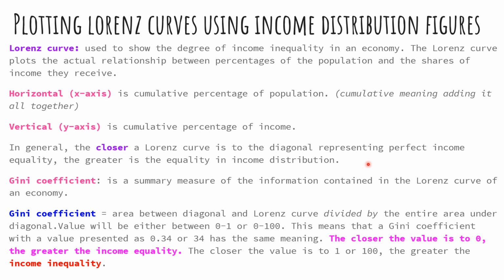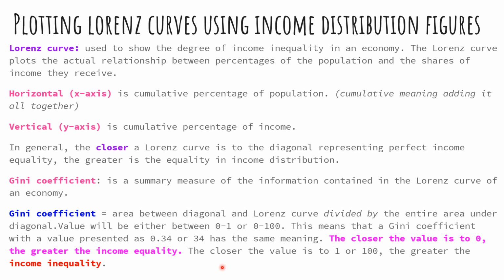The Gini coefficient is another key definition you need to know. It's a summary measure of the information contained in the Lorenz curve of an economy. It's calculated by working out the area between the diagonal and the Lorenz curve divided by the entire area under the diagonal. A Gini coefficient value will be either between 0 to 1 or 0 to 100.